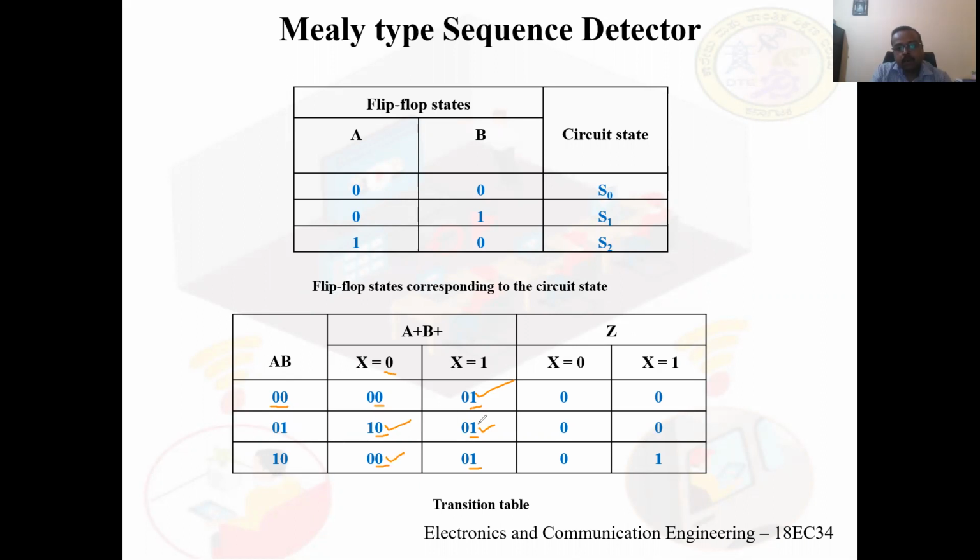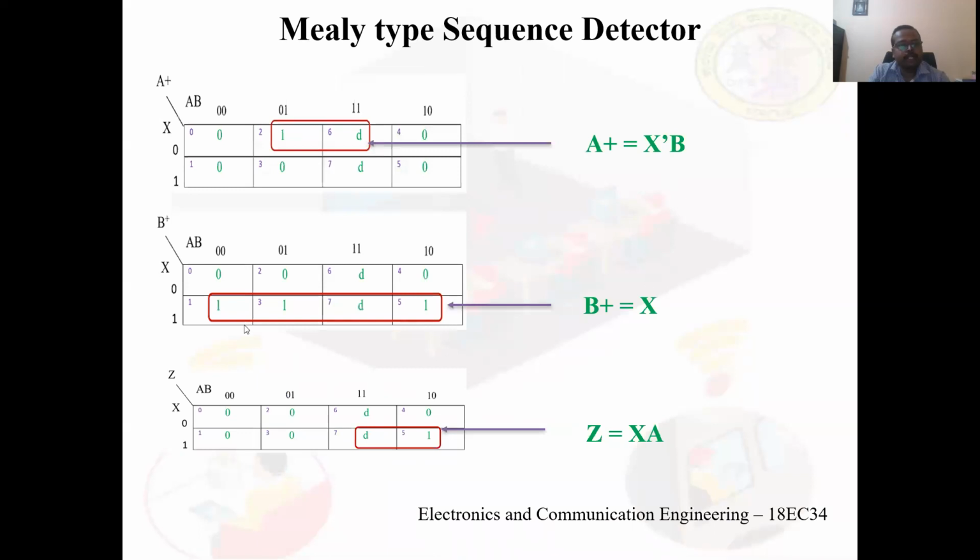And when x is 1, AB is 1, 0, it is 1 here. So what is the expression? Enter all the values in the K-map, simplify, go for the maximum grouping here. So what we get is B plus is equal to X.